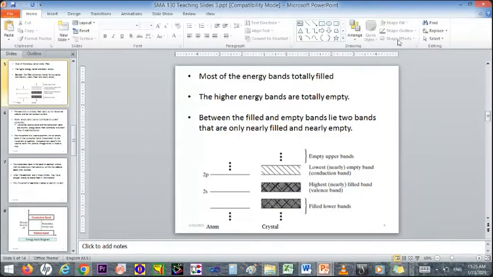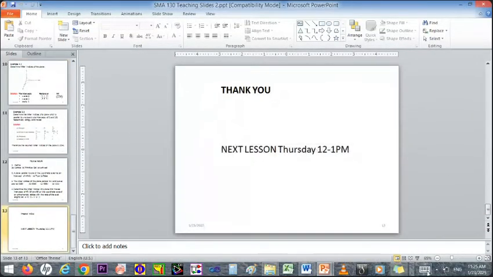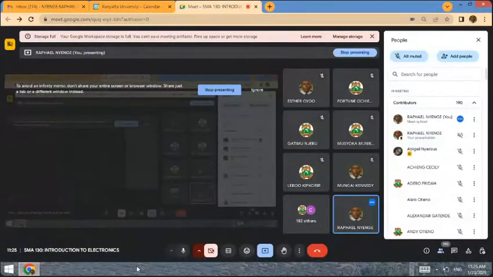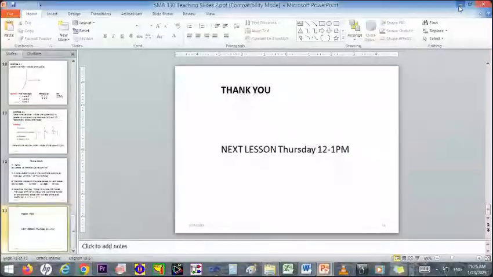We could tell how many electrons are sitting in 2s, how many are sitting in 2p, and so forth for a single atom. But in a solid, we have very many atoms, such that we can form what we call energy bands.